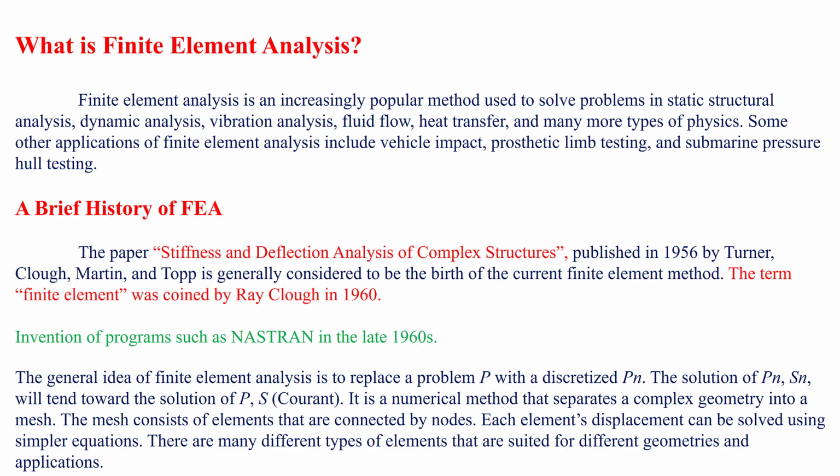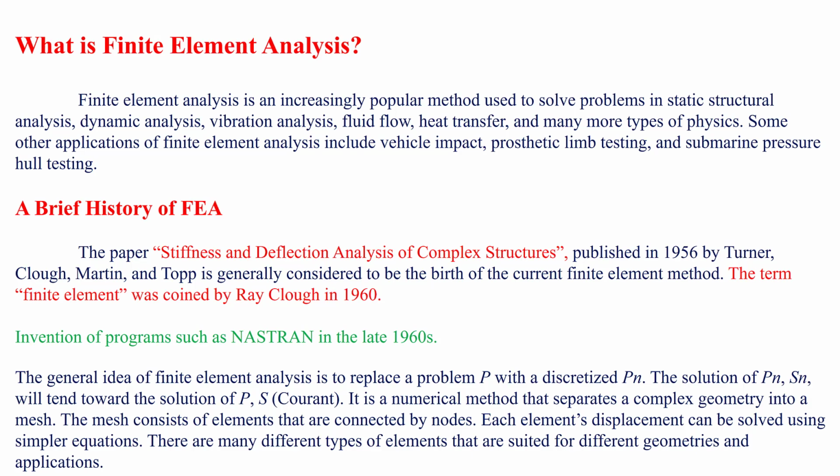When it comes to the history of FEA, the paper 'Stiffness and Deflection Analysis of Complex Structures', published in 1956 by Turner, Clough, Martin and Topp, is generally considered to be the birth of the finite element method.